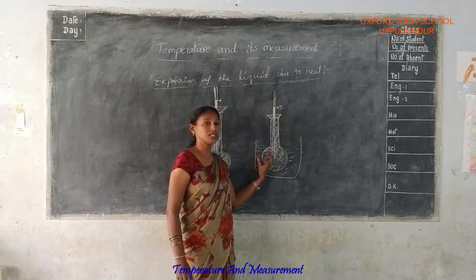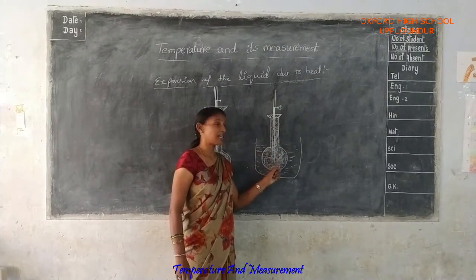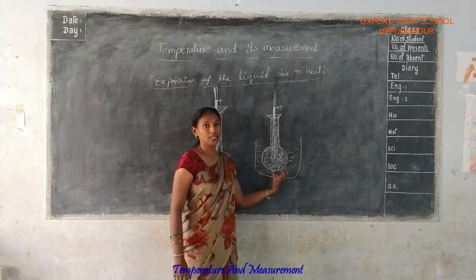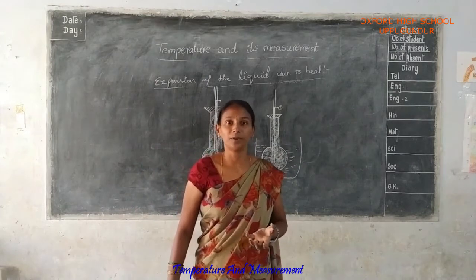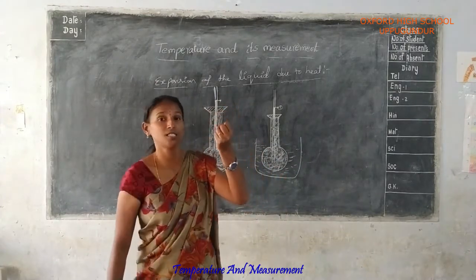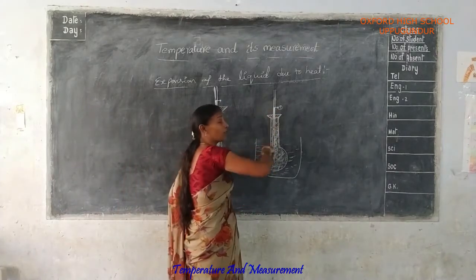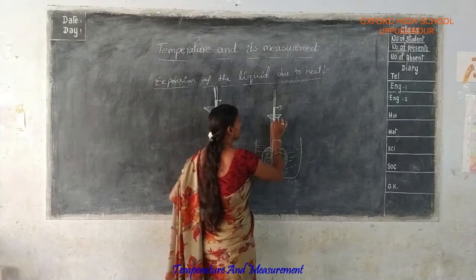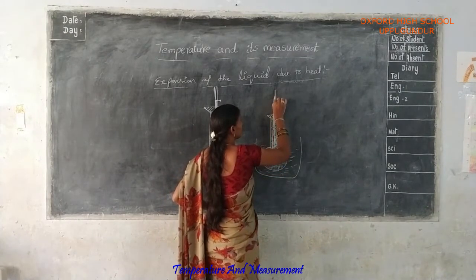Heat absorbed means the water inside starts boiling. The colored water is boiling, forming water vapor, and that water vapor moves in the upward direction. You carefully identify the colored water level. So automatically it is rising. Yes or no? You understood, ma'am?